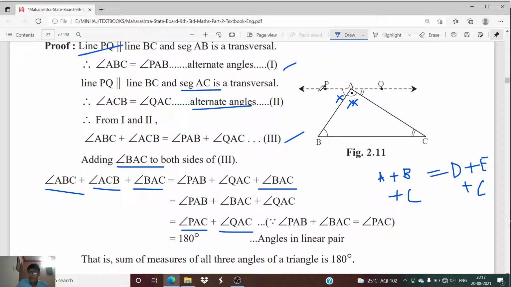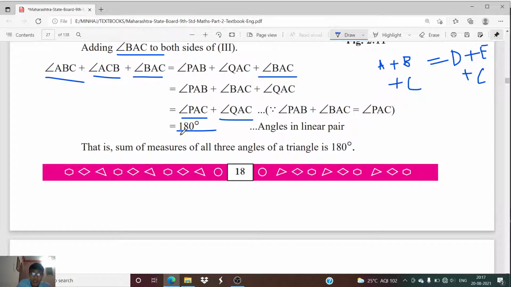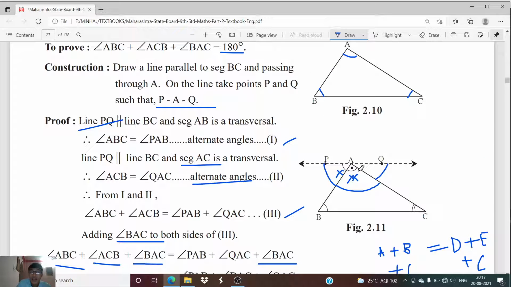Now angle PAC plus angle QAC, that is this angle plus this angle, if we take the addition of both the angles, we will be getting 180 degree as the answer. Why is the answer 180 degree? Because these angles are in linear pair.